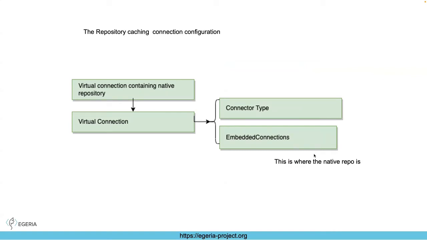This is a standard pattern that we use in the configuration, and the native repository definition is just a standard definition in one of those embedded connections. You specify one embedded connection as being the native repository, and that's what all of the calls will get delegated down to.